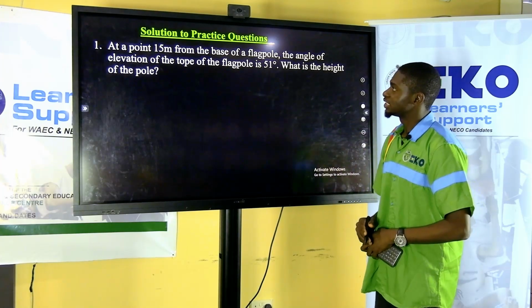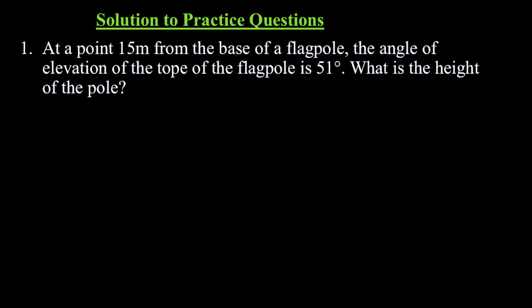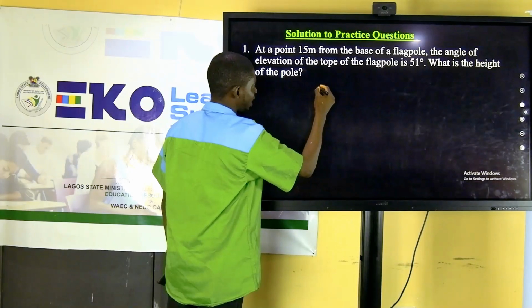So let's take this. At a point 15 meters from the base of a flagpole, the angle of elevation of the top of the flagpole is 51 degrees. What is the height of the flagpole? Let's attempt this. Let's say this is the flagpole.